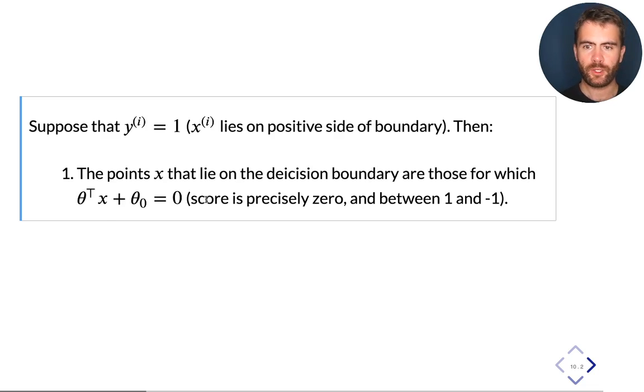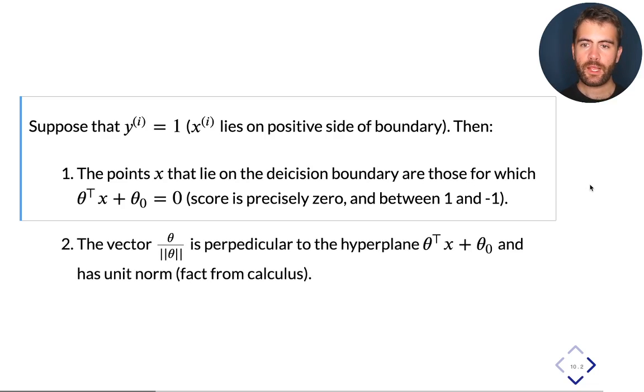And also, if you're familiar with calculus, you should recognize this as a formula that describes a hyperplane in a multidimensional vector space. So this was observation 1. And then observation 2 is that the vector theta is perpendicular to this separating hyperplane.